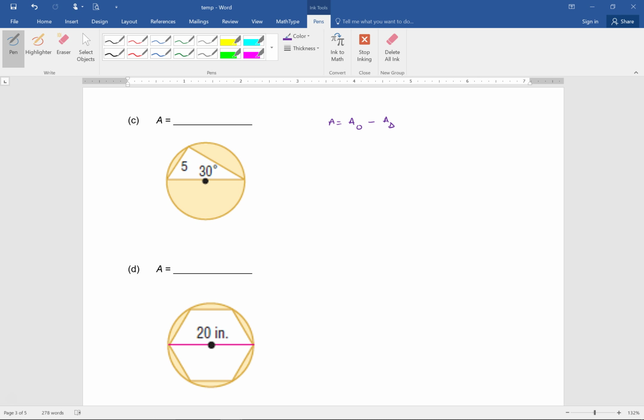That means the long leg is how big? 5 root 3. And how big is the hypotenuse? 10. How do you know which one's which? Yes. The diameter, remember? The diameter is 180 degrees for the central angle. That means it faces a 90-degree inscribed angle. See? It all blends together.